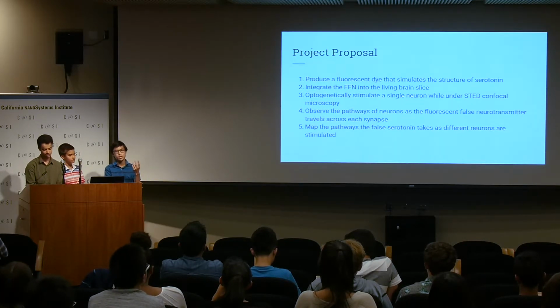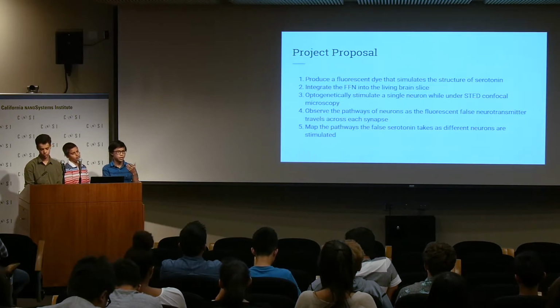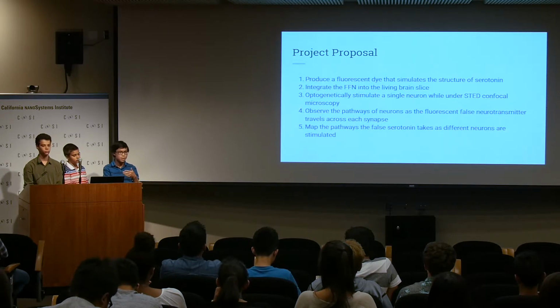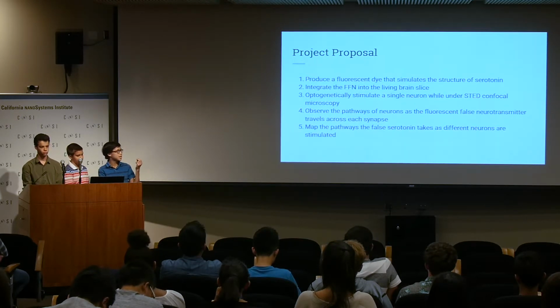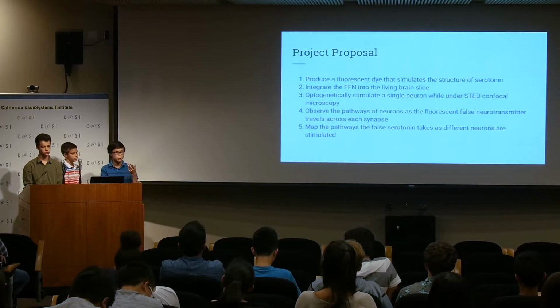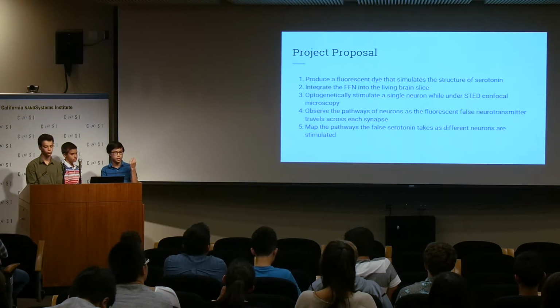Optogenetics is basically a field of science that uses light to get neurons activated. You need to introduce a specific gene that knows when the light is targeting it, so it will activate the neuron. So we would optogenetically stimulate the neuron while it's under STED microscopy, and using this, we would observe the pathways of neurons as the FFN travels across each synapse.